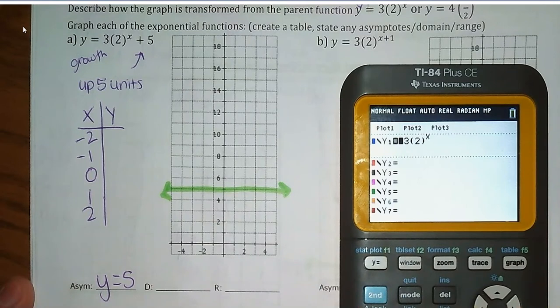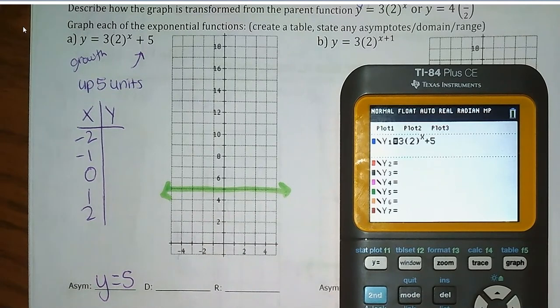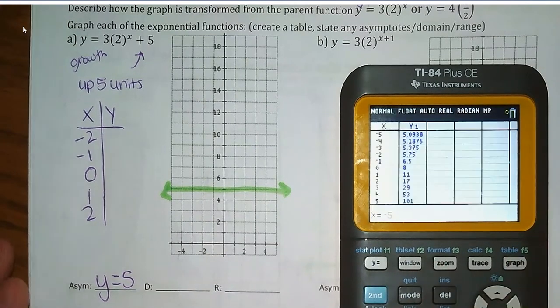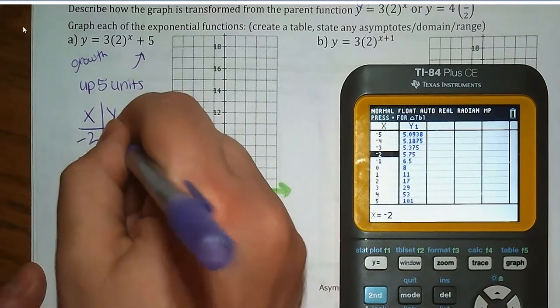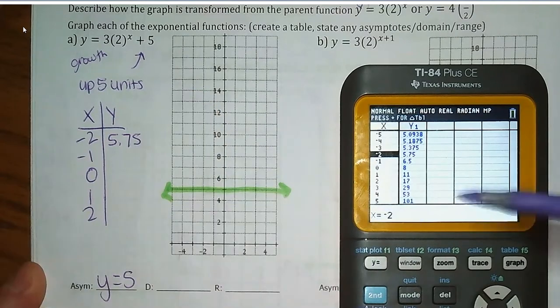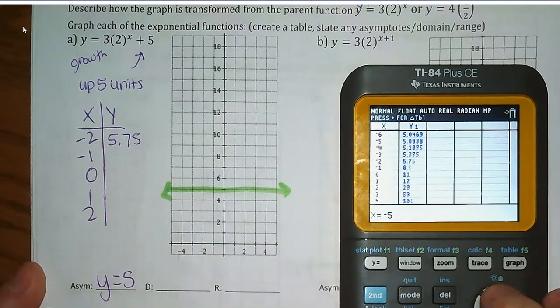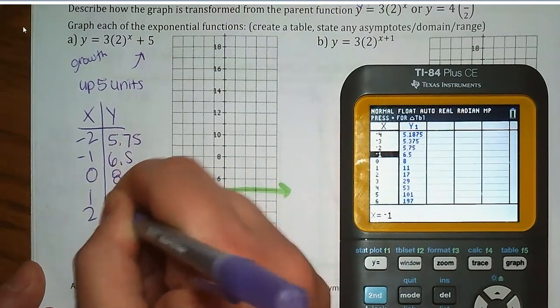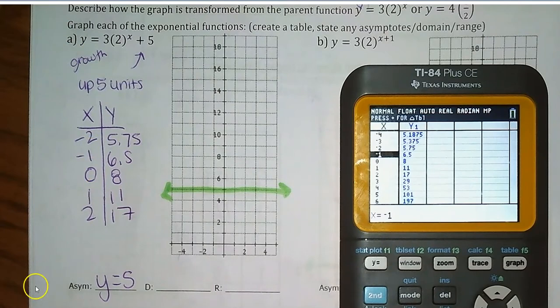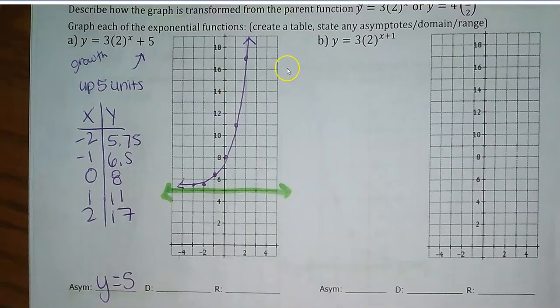I'm going to delete that actually, and we can just use this from the last problem, and then just put the plus 5, make sure it's to the side there, and then I'm just going to hit second table, and I started it at -2, so 5.75, and you guys can see in the table here how these are getting closer to the 5 but not touching it, not going over it. Okay, so 6.5, 8, 11, 17, and I'm going to pause and graph. So I got the graph on the screen there.